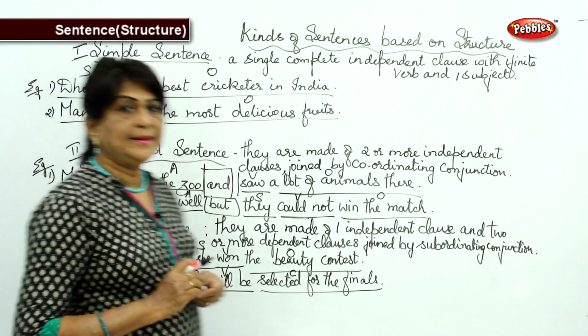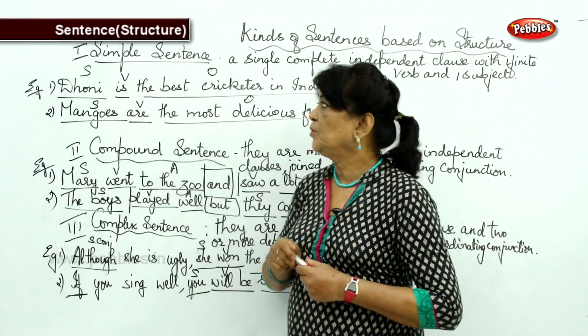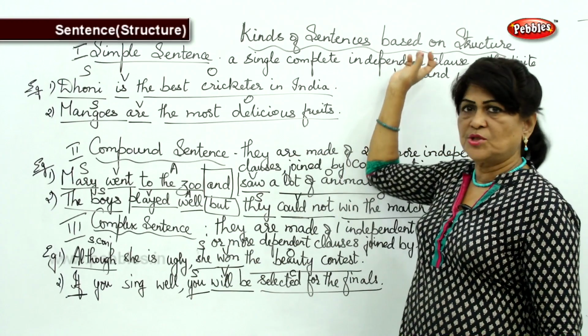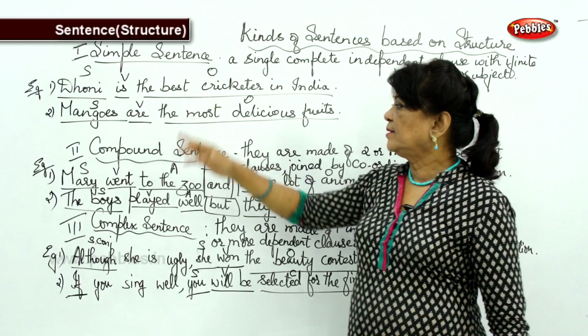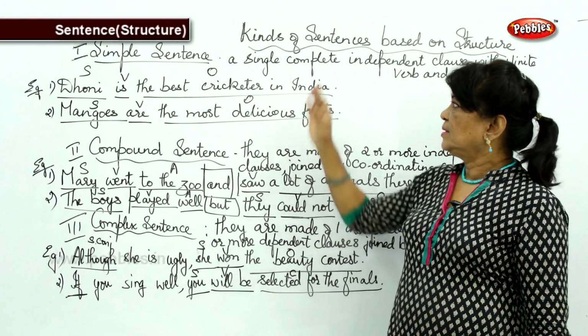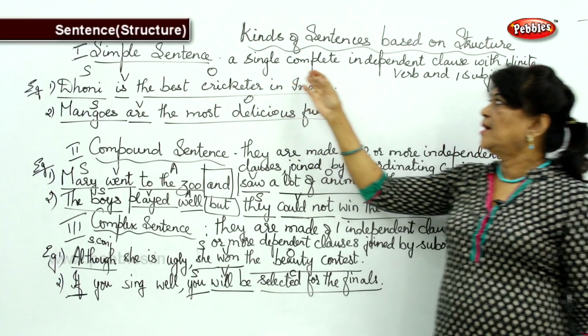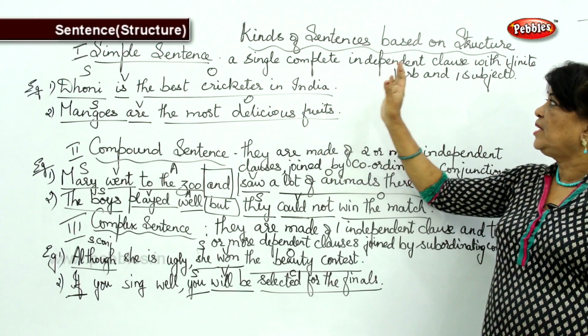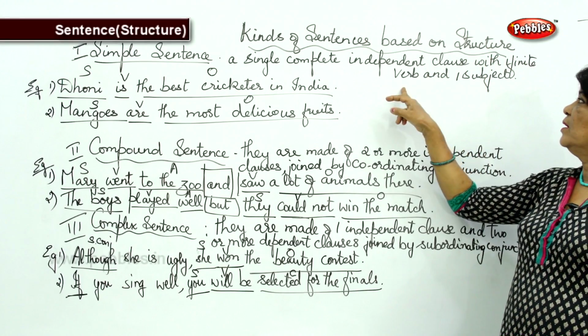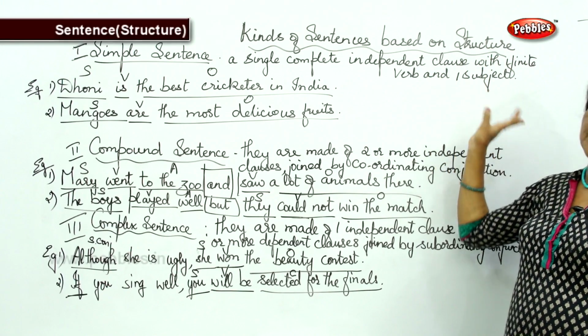Okay. Is that clear? Now, I have explained to you 3 different types of sentences based on structure: simple sentence, compound sentence and a complex sentence. Simple sentence has only a single complete independent clause with one finite verb and one subject.